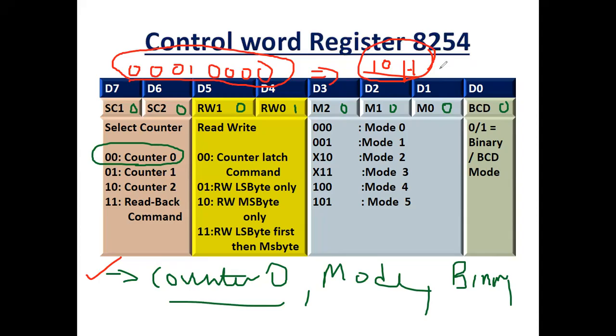So when we discuss the interfacing circuit in class, then we will discuss in detail how to frame different control words and how to write these control words for any application.